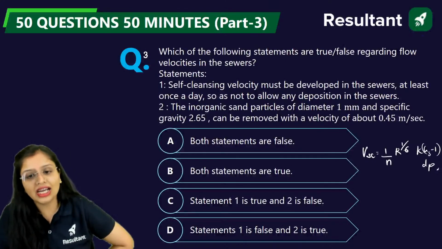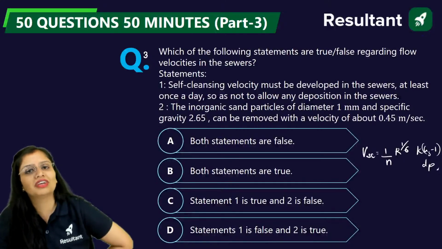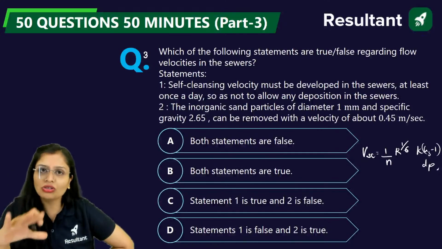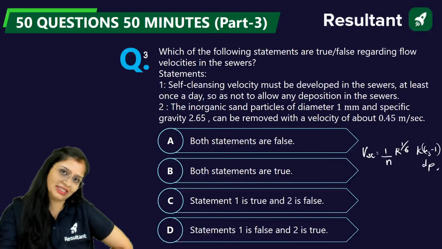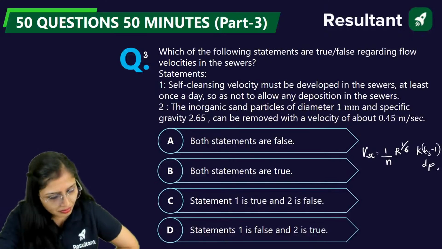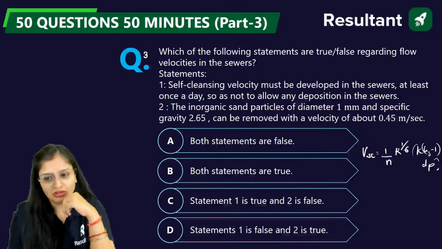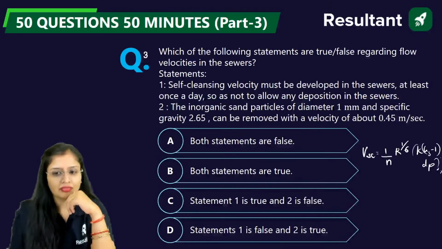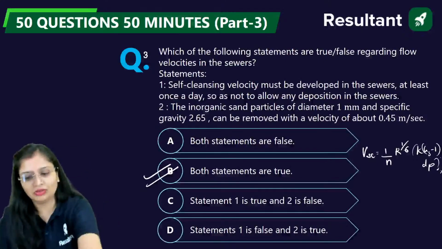Generally, the specific gravity is 2.65, the diameter is 1 mm, so the self-cleansing velocity you get is roundabout 0.45 meter per second. Clear? Any doubts? Okay. So both the statements are true for this question.